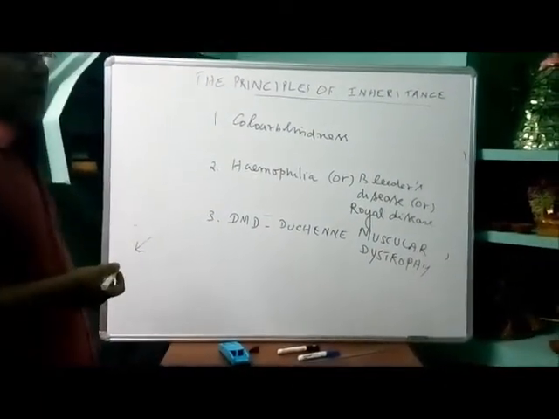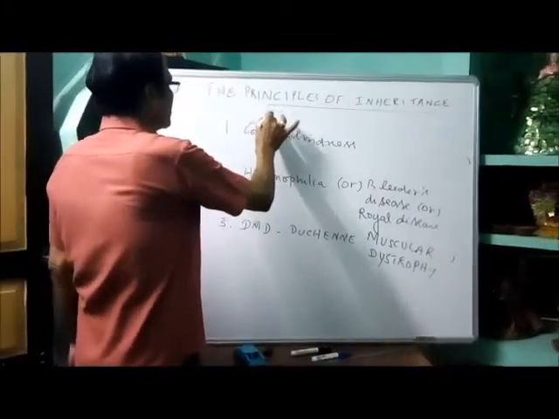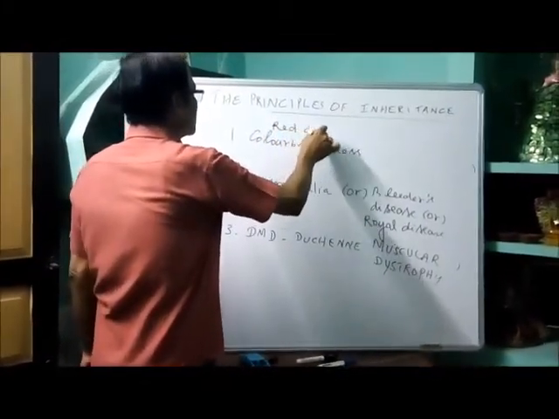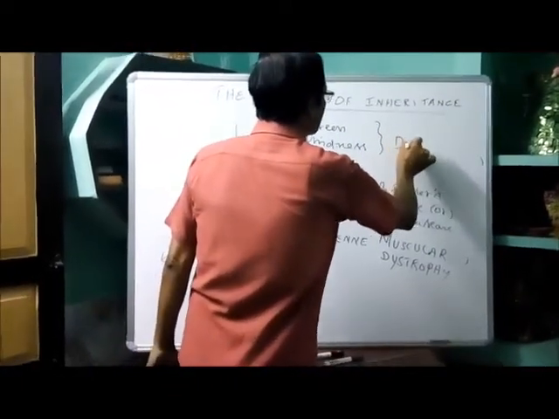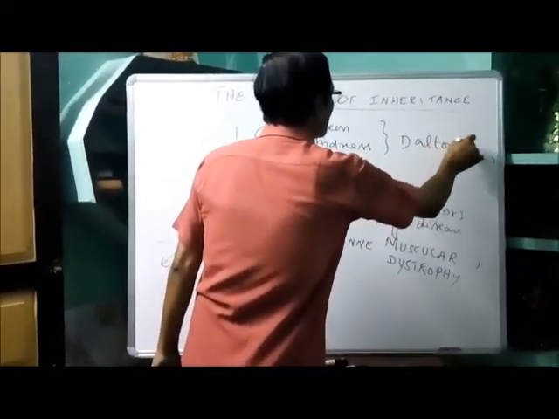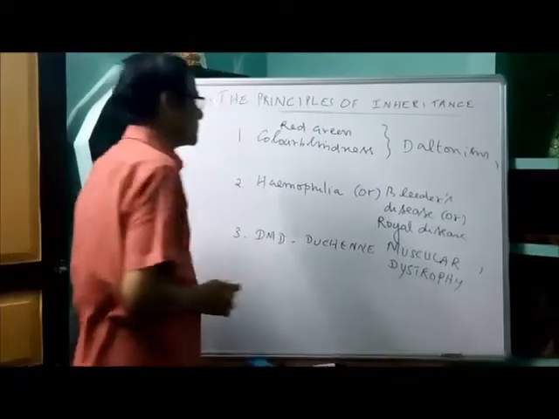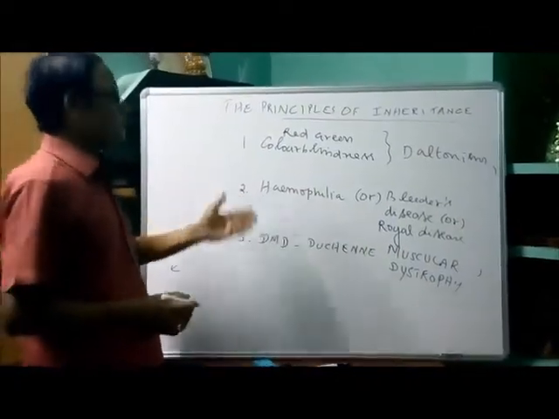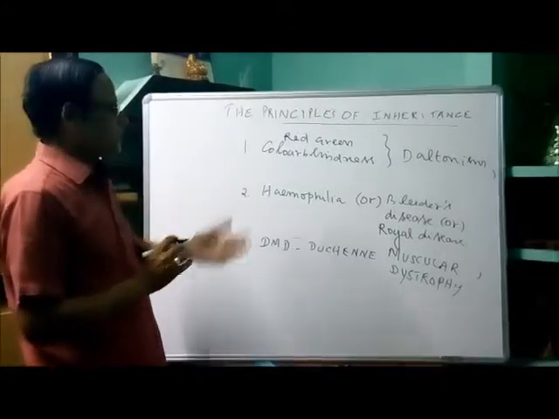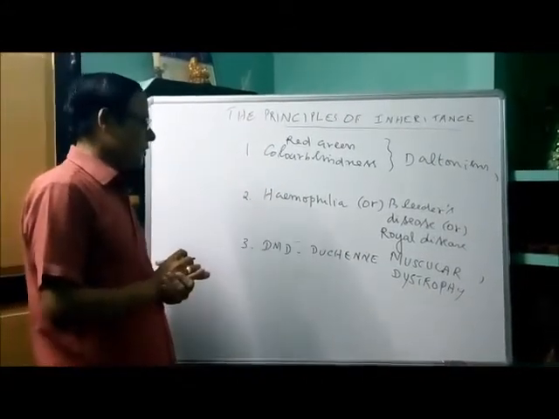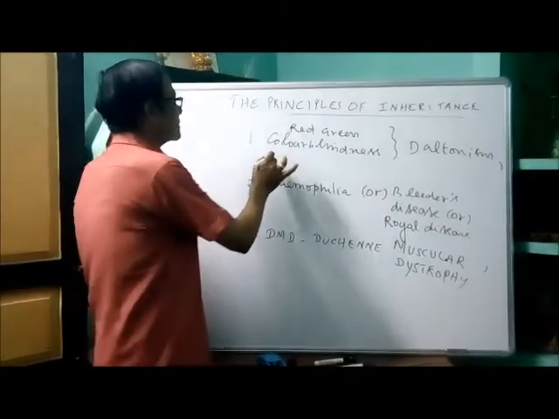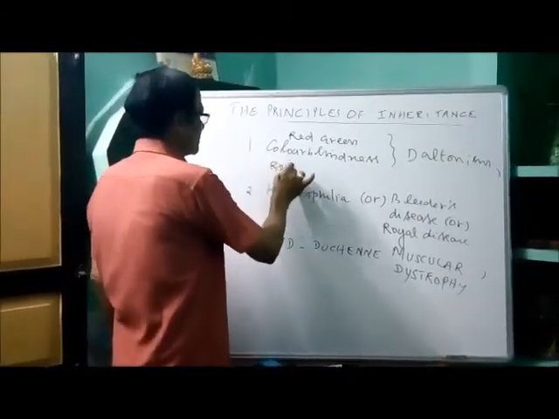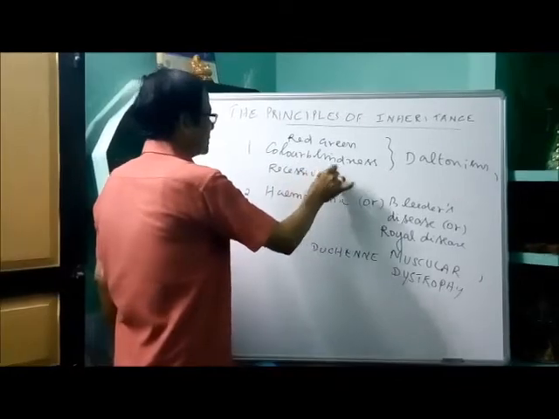Now the color blindness, otherwise called red-green color blindness, also called by name daltonism. So red-green color blindness, that is daltonism, hemophilia, DMD, all are inherited as recessive X-linked trait.